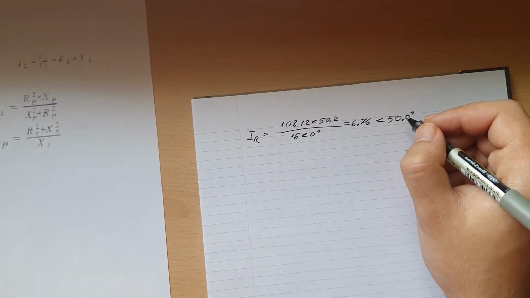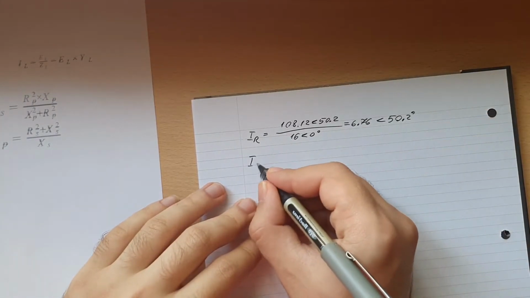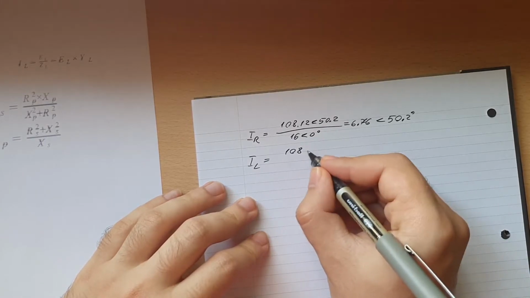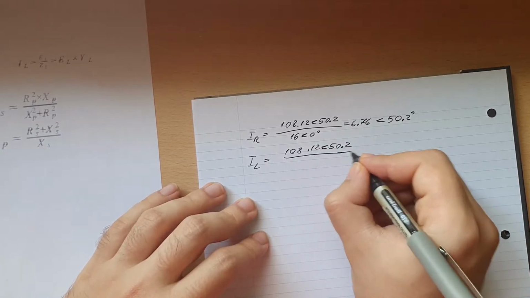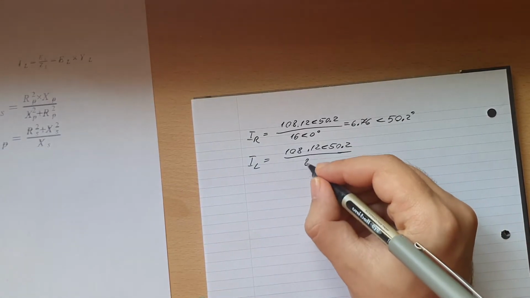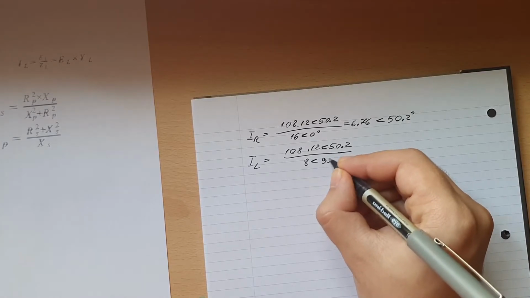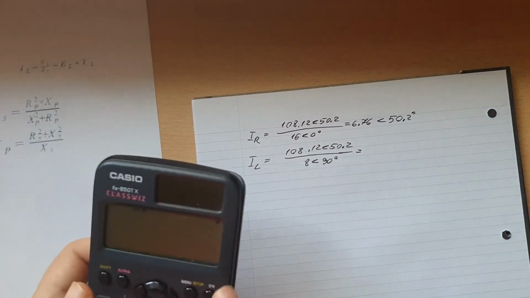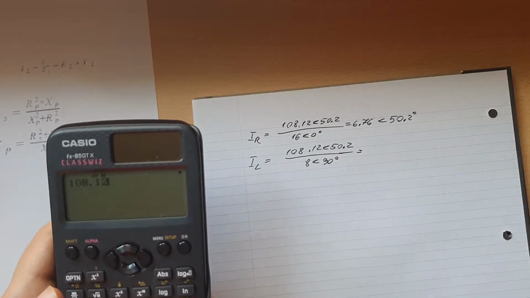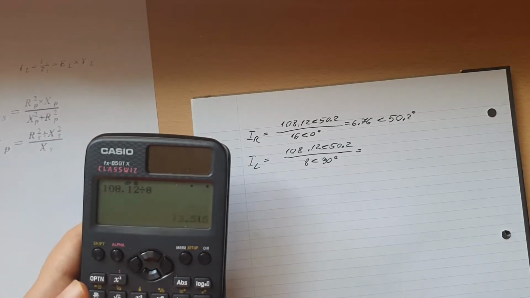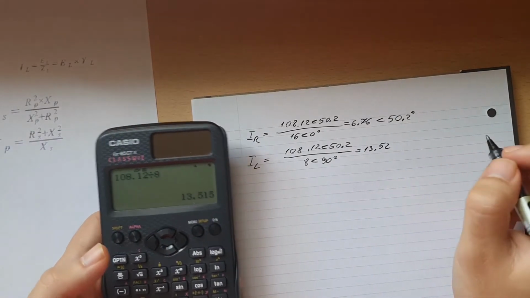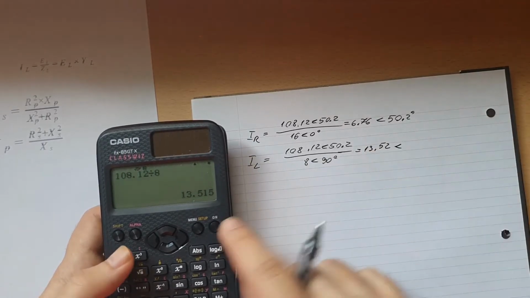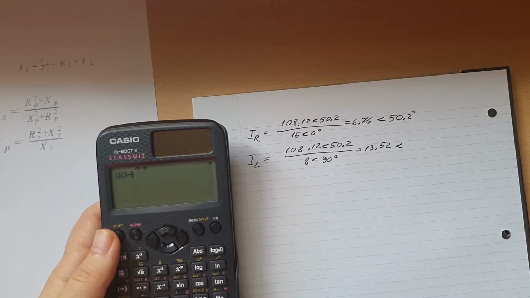All right, now let's go to the next one, which will be IL, which will be equal again with 108.12, an angle of 50.2, which is the voltage, divided by the resistance, which is 8 at an angle of 90 degrees, and that one will be equal with 108.12 divided by 8, that's 13.52, and then the angle will be 90 minus 50.2.